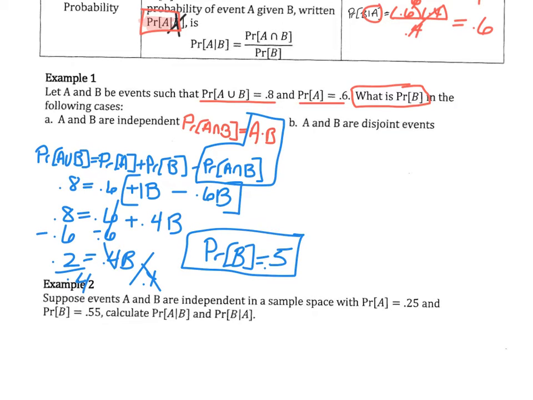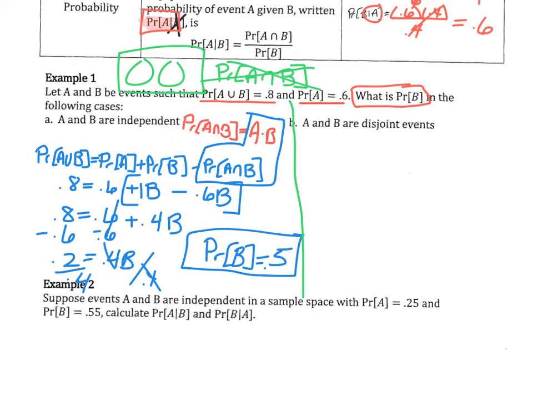Now, when we have disjoint events, this means that if you were to draw circles, they're not overlapping, not touching. There is no "and." So then I would just say, okay, well, they gave me this, and that's equal to the sum.